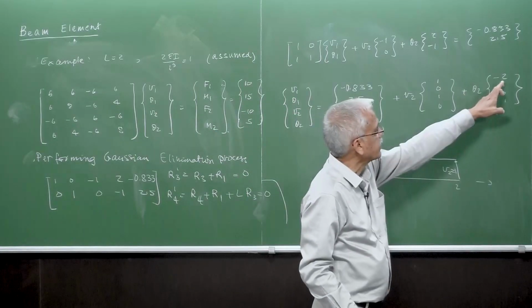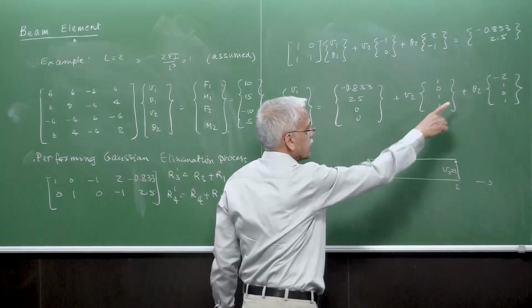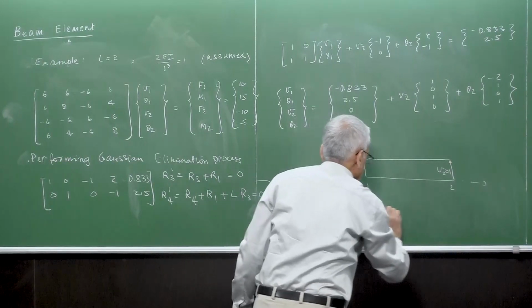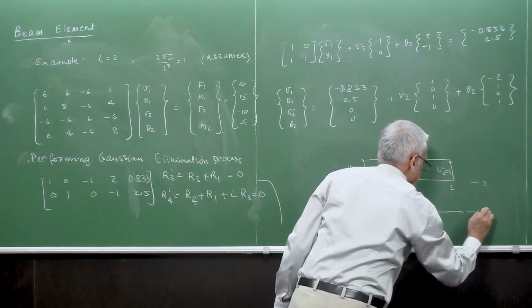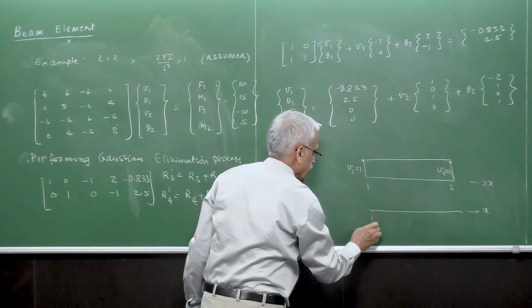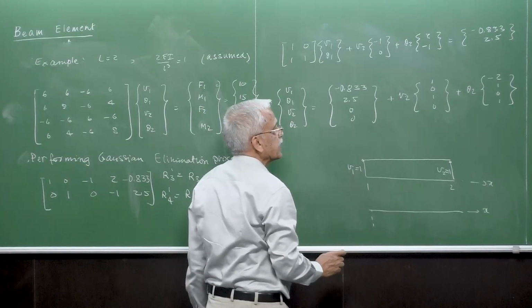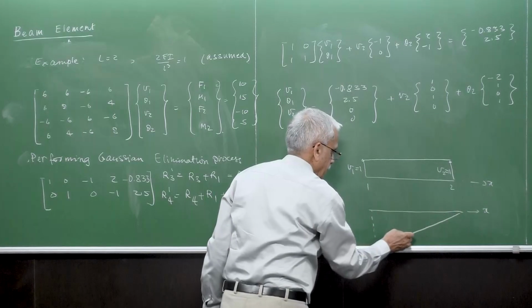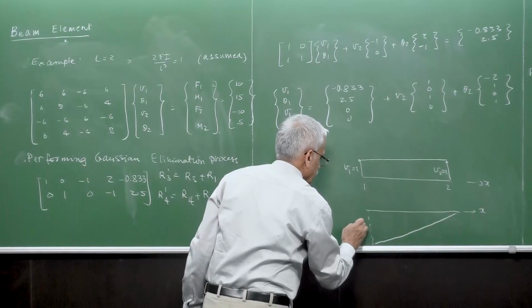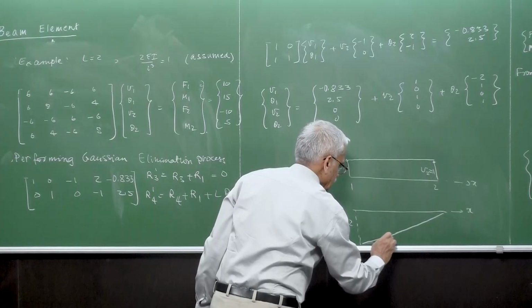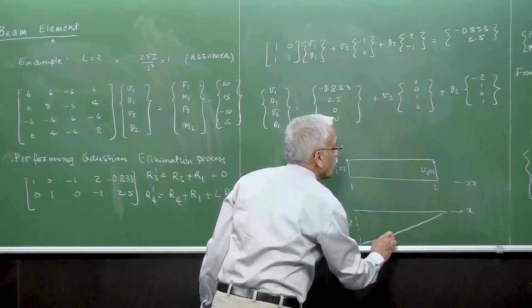On the other hand, what is this one? The second rigid body motion is nothing but, what is this? You have a -2 here, so there is a vertical displacement of -2, and then this slope is equal to 1.